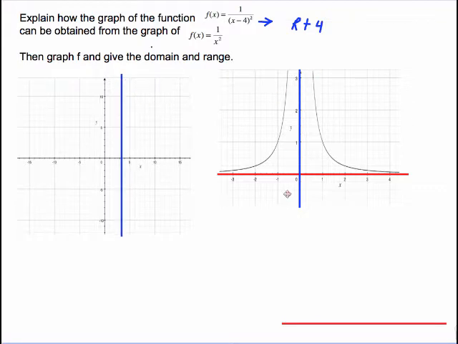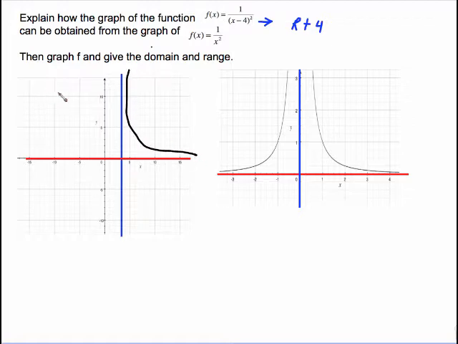There's nothing that changes the horizontal asymptote, so this will still be along the x-axis. And there's our two asymptotes, and then I just need to draw my curve in so that it approximates this curve over here. So I'm coming here, and here.